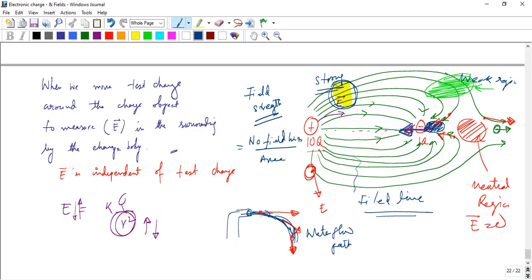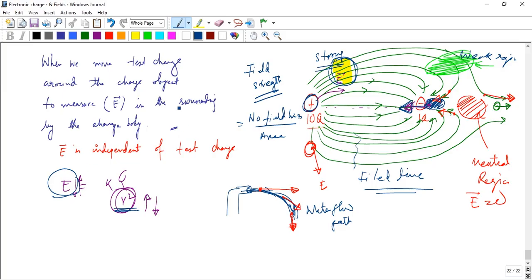So near the source charge the field is strong, and as the distance increases, the electric field is obviously weaker. So R increasing means the field is weak. That is the field strength. And here you see a long distance, more long distance, more weak field. But at some point there is a neutral region.